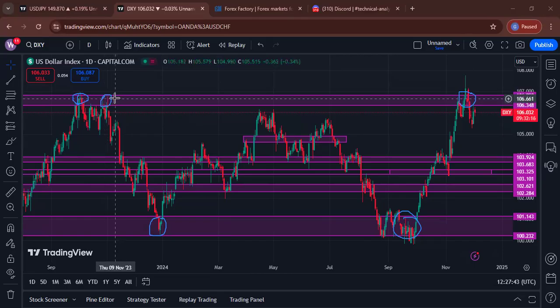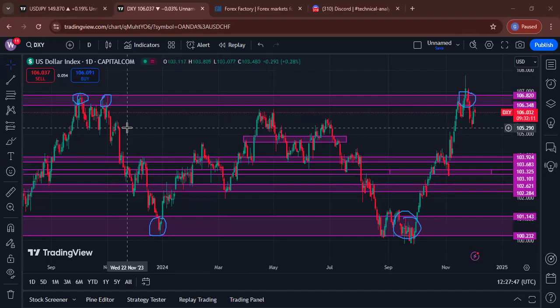Are you able to see something with what I've marked on these levels? Whatever I've marked on the screen, you can see here.